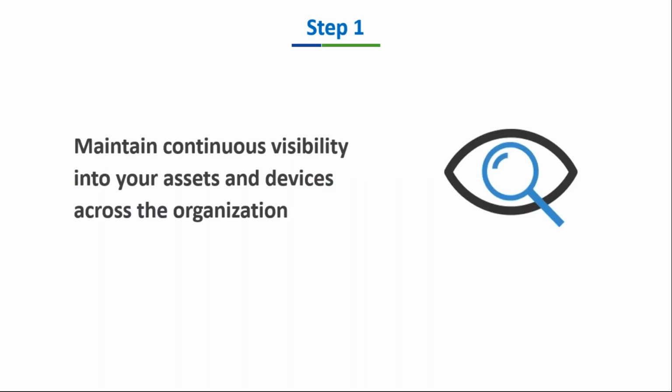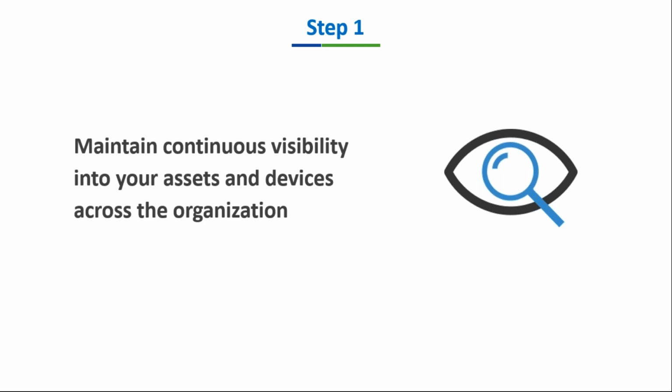Step number 1 is having continuous visibility of all the IT assets and devices within the organization, including the traveling workforce and people who are working from home. We need to know what kind of applications are installed, what kind of devices are running, and what operating systems they are running on. Are they outdated?